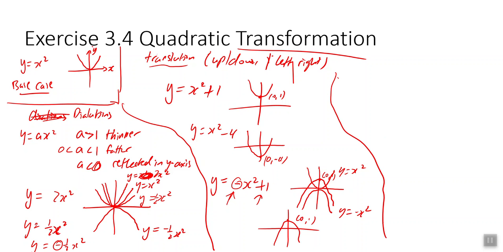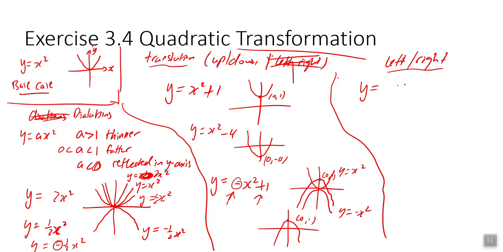Other transformations. So these are pretty much up, down. We'll do left, right. For left-right transformations, you have to have the number inside a bracket with the x.